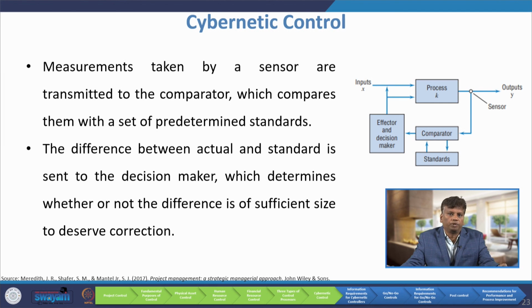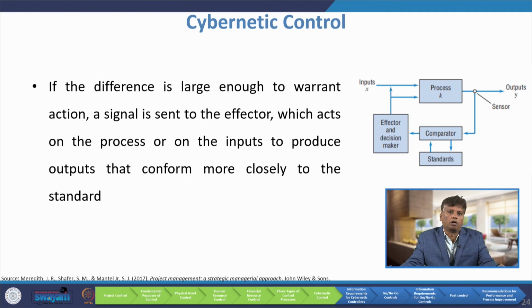The difference between actual and standard is sent to the decision maker, which determines whether or not the difference is of sufficient size to deserve correction. If the difference is large enough to warrant action, a signal is sent to the effector, which acts on the process or on the input to produce output that conforms more closely to the standard.